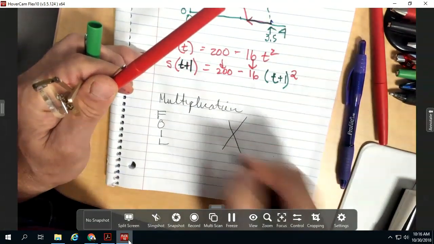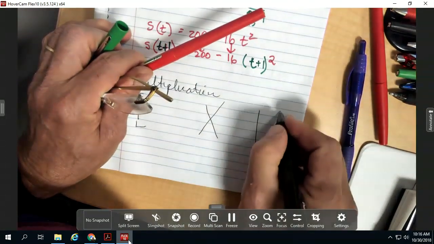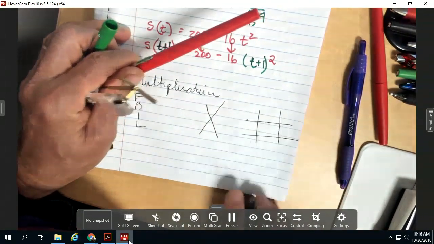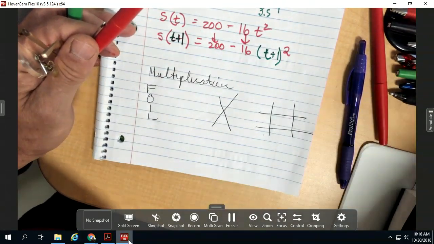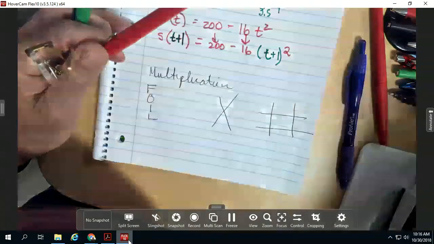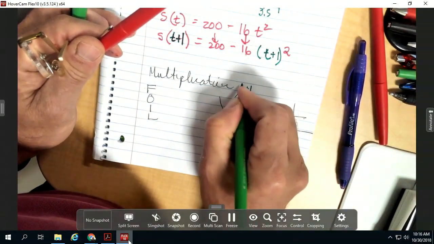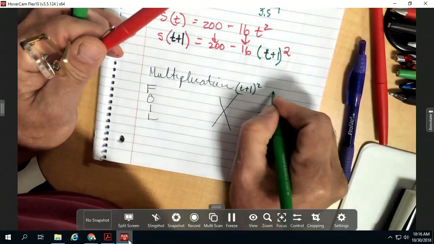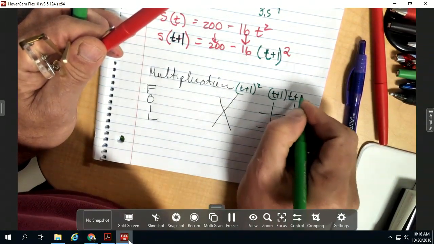Some people use the lattice. And some people use the tic-tac-toe. We are going to multiply t plus 1 squared, or in other words, t plus 1 times t plus 1.